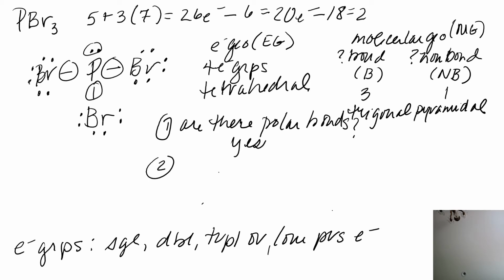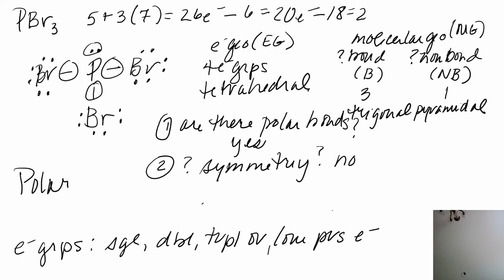Second question, do we have symmetry? Another way to look at this is, are all the 4 electron groups around that central atom the same? In this case, they are not. We have 3 bromines and 1 lone pair. So there is not symmetry, so no to that.